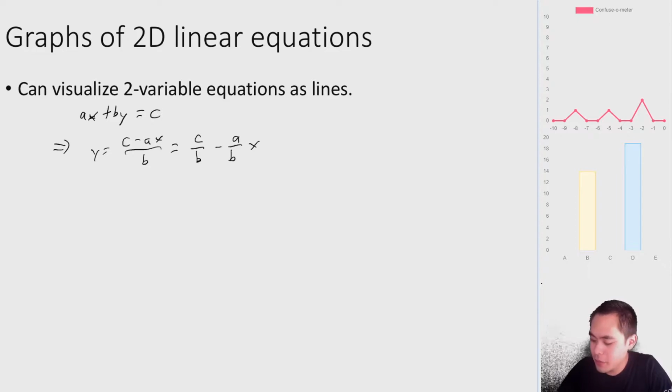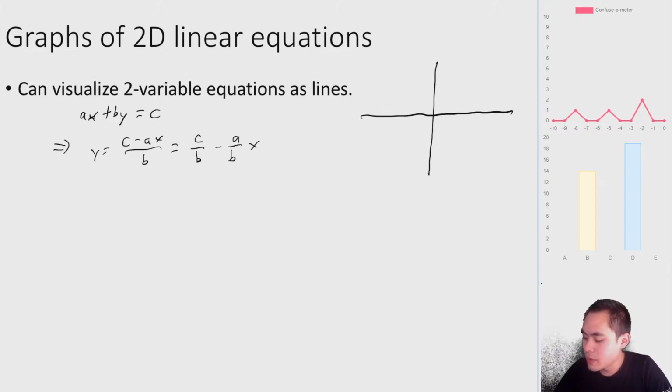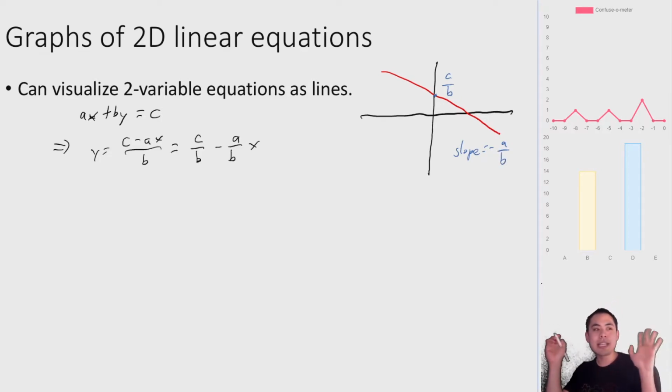You guys have had experience graphing these things out, I'm sure. So this ends up looking something like this, where this point here is c over b, and the slope is equal to minus a over b. But the exact details don't really matter so much. The point is that you can think of these two variable equations as defining a line in the xy plane.